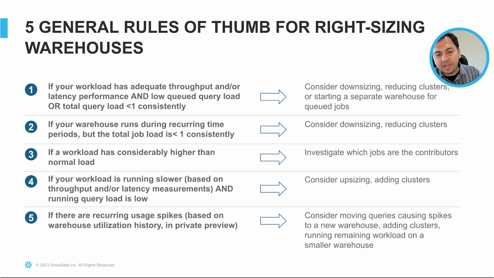Similarly, we have signals in terms of what you could do to increase the amount of concurrency based on signals such as queuing and the number of clusters, as well as certain patterns where you can move certain spiky components of workloads to a specific new warehouse while the stable part could be on a different warehouse. So again, we have a large amount of documentation here that uses both the warehouse load as well as utilization metrics to provide you actionable guidance in terms of right sizing of warehouses. And the blog post that I alluded to earlier also has some content on this.